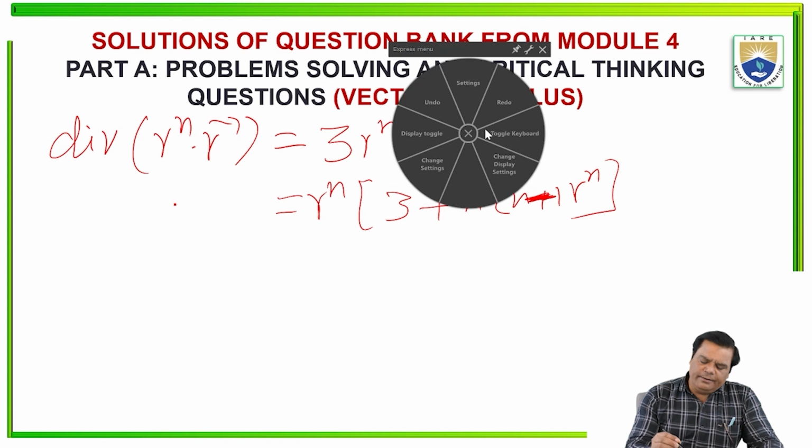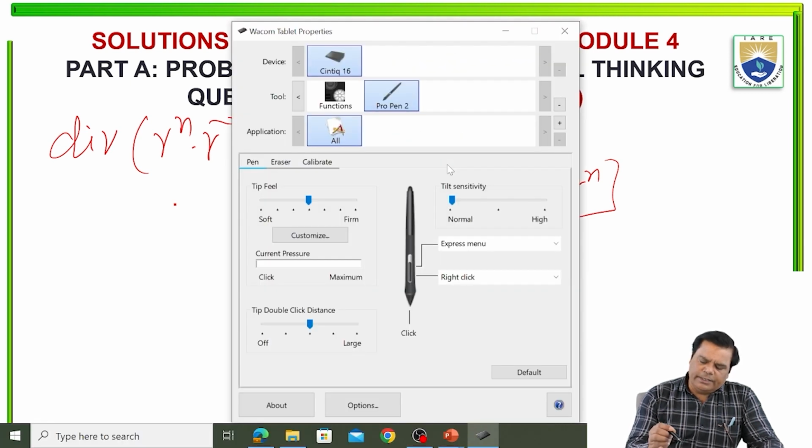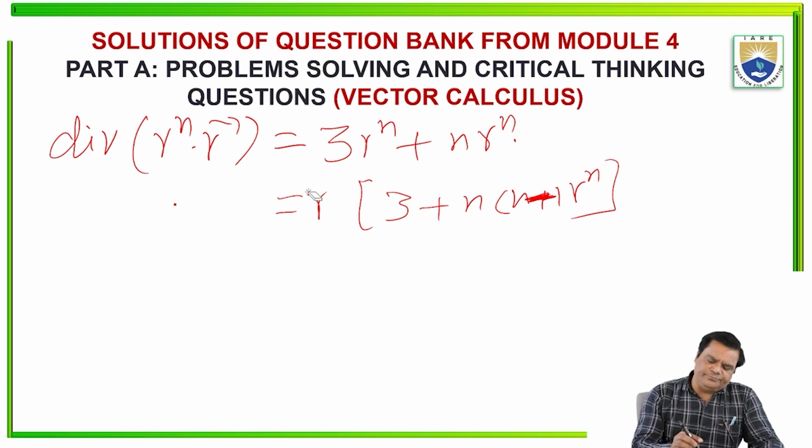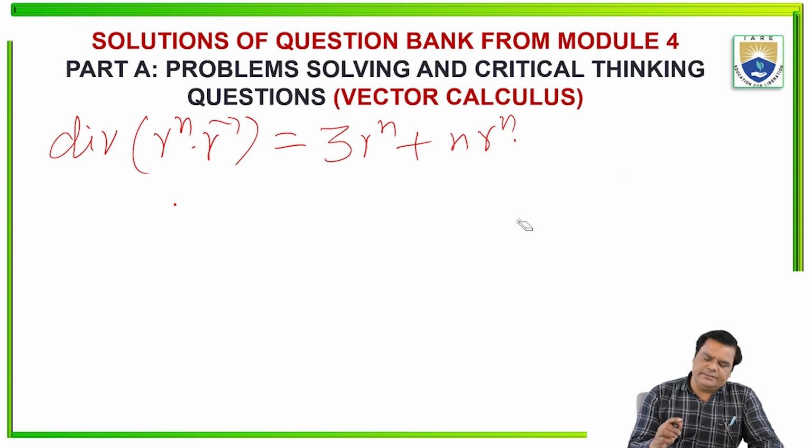Here is n and rⁿ into this result. Some mistake is there.